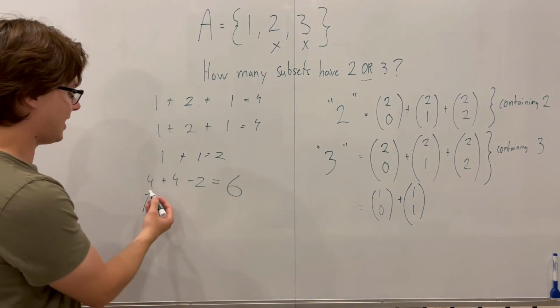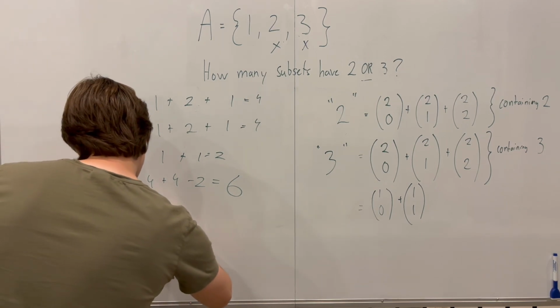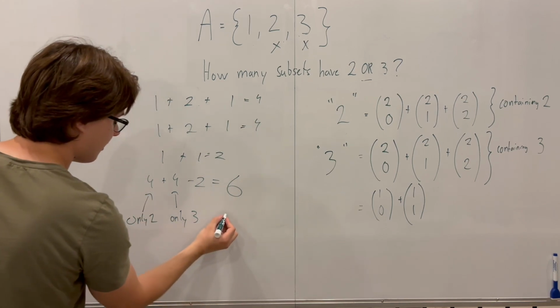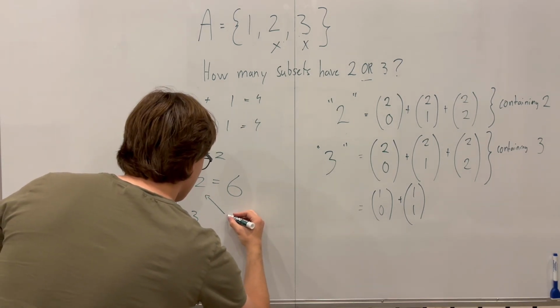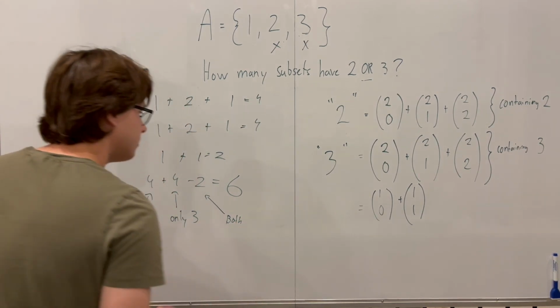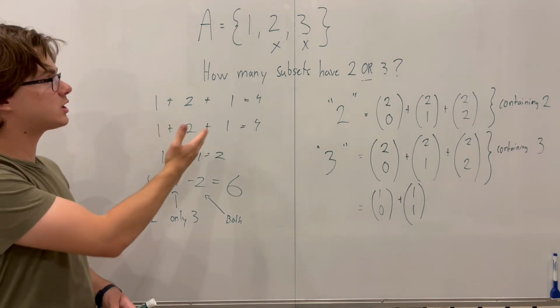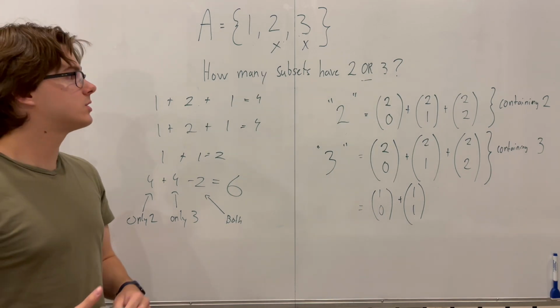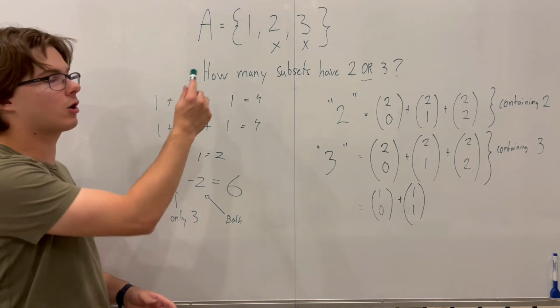The number of sets containing only 2, only 3, and then both. So this is how you would solve this problem using both of the methods. For slightly more complicated situations, you're going to find yourself with larger sets.